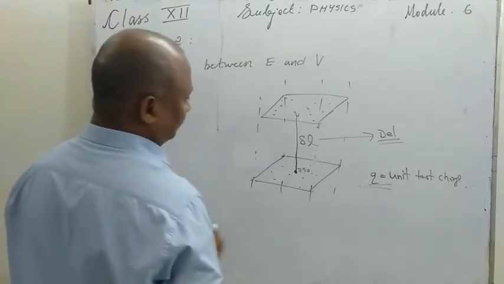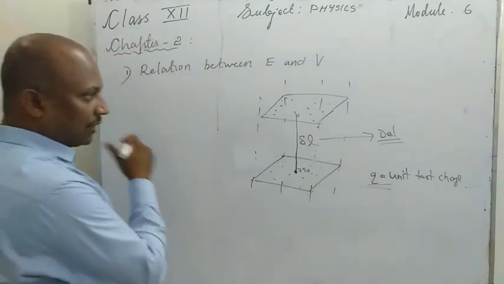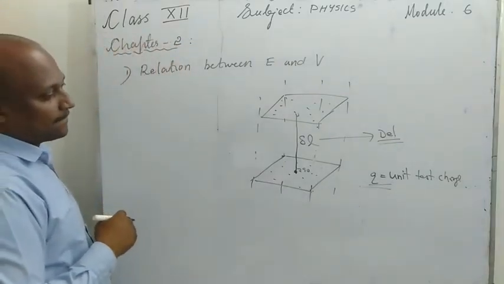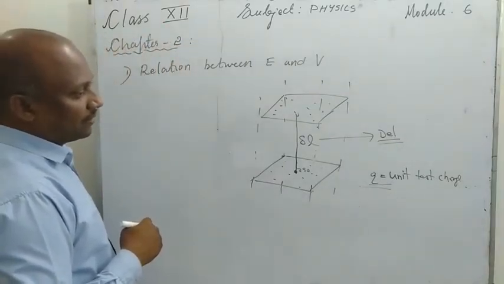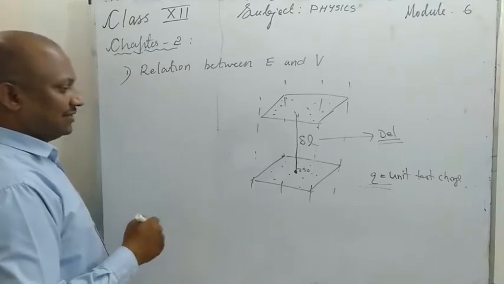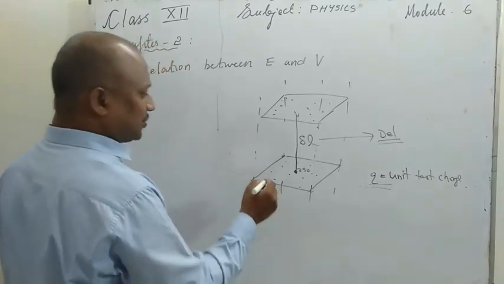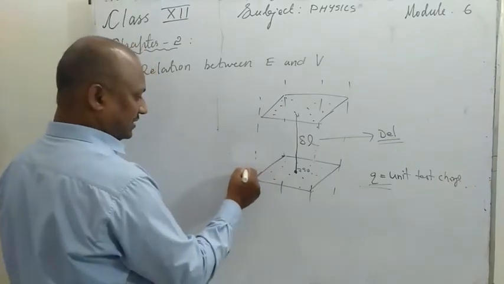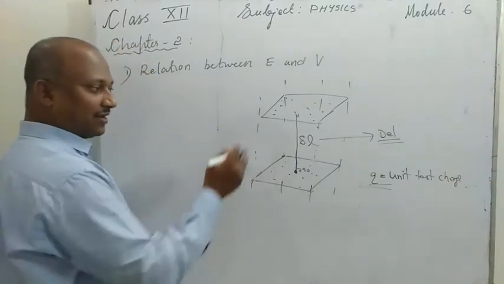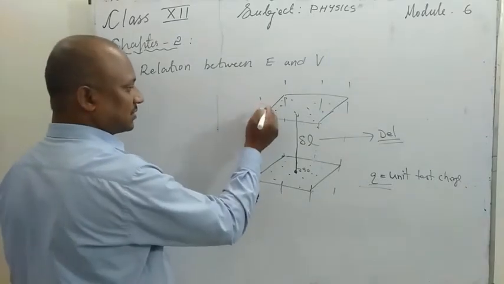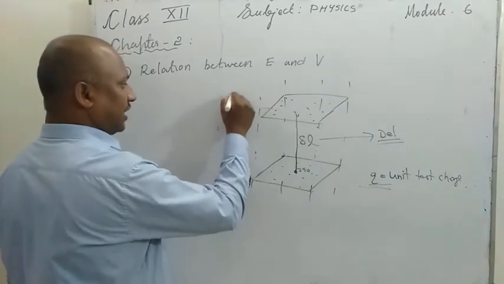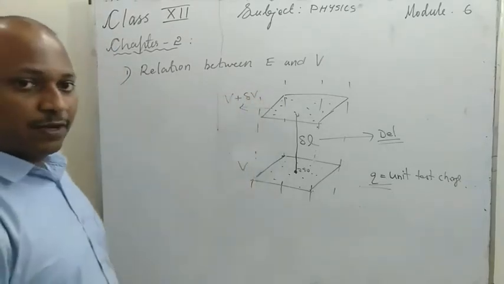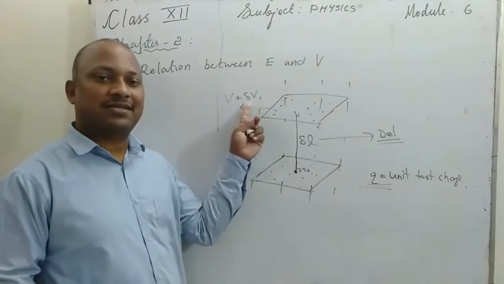Okay, so del L. Let me assume that this surface has a potential V, and this has a more or less, whatever it is, I am writing it V plus del V. Maybe it is 4, or del V could be minus.